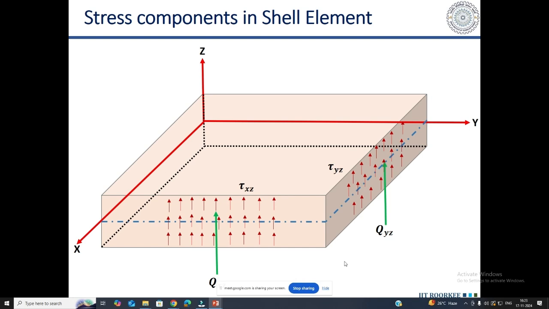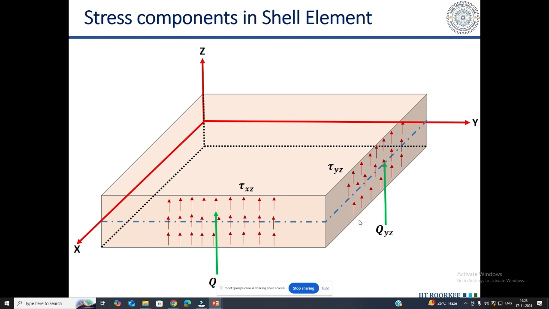Because of these forces, for example, if the force is acting along the x plane, my x plane will be subjected to shear stresses, and these shear stresses will be directed towards the direction of the force. So I have written this in terms of tau xz, meaning the first suffix indicates the plane where it is acting and the second suffix is the direction where it is acting.